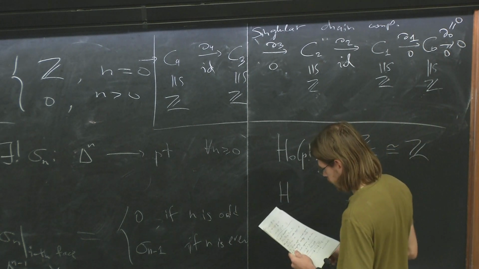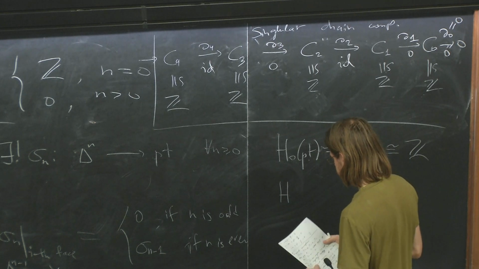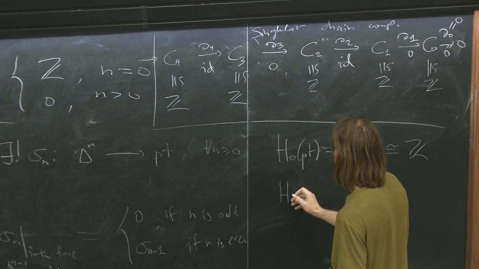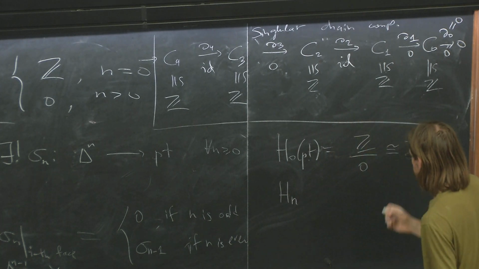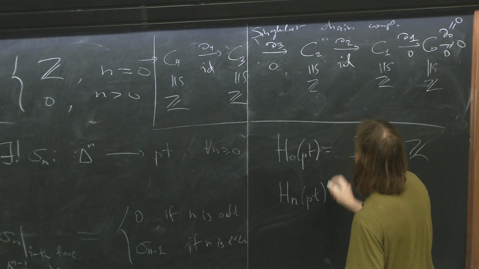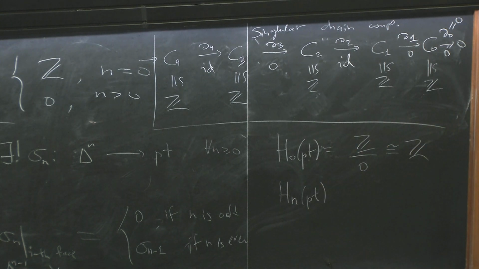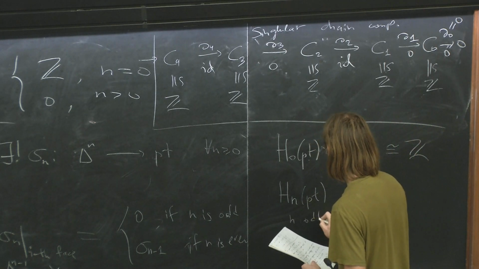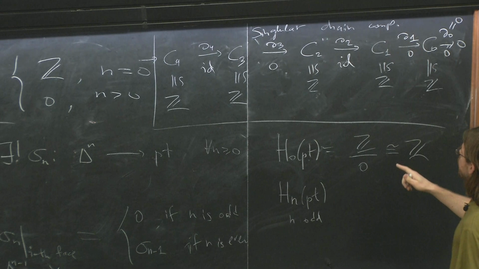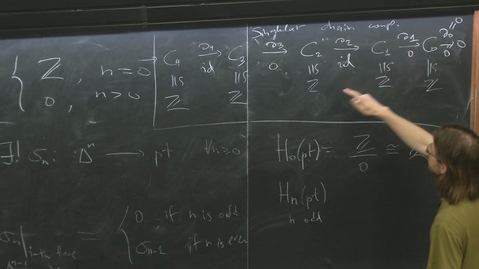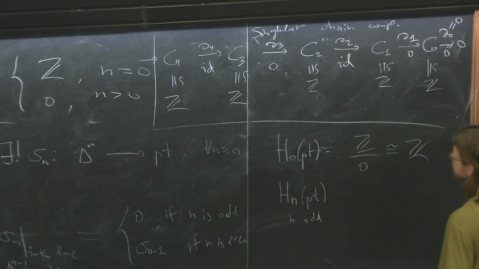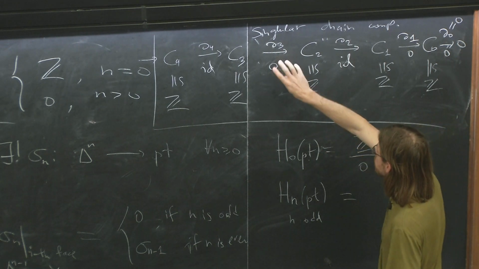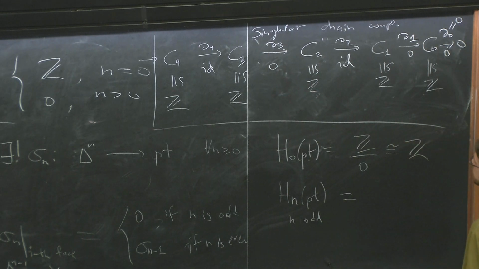What about Hn of a point? For all others, as you can see, it will depend on the parity. So let's consider Hn for n odd, when n is 1, 3, or 5, and so on. Let's take for example n equals 3.